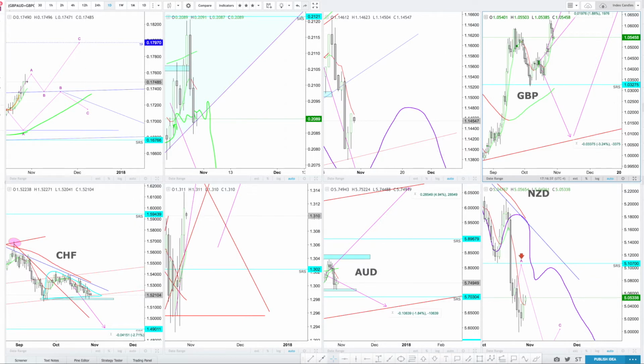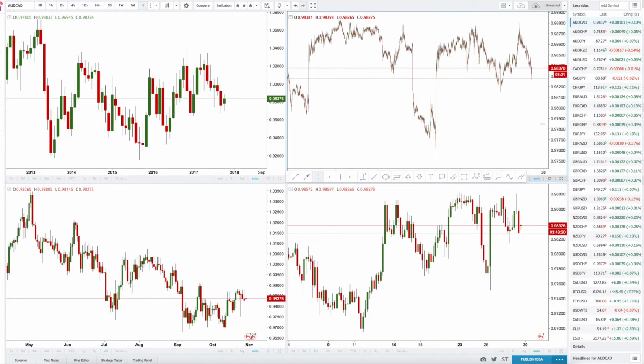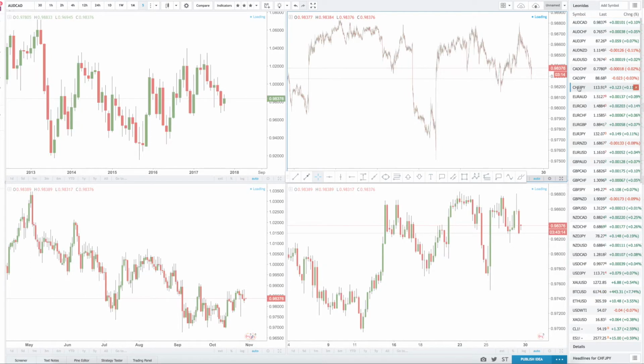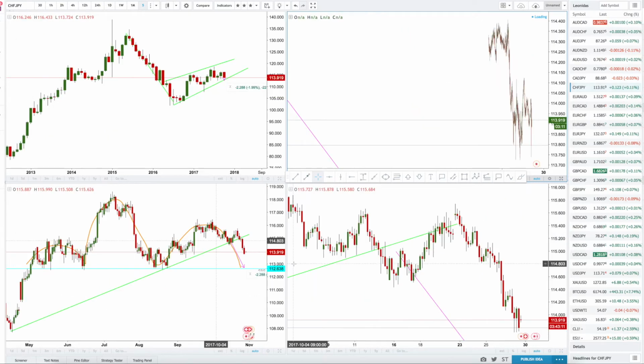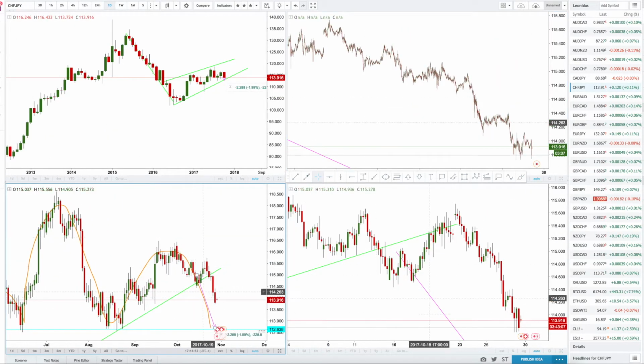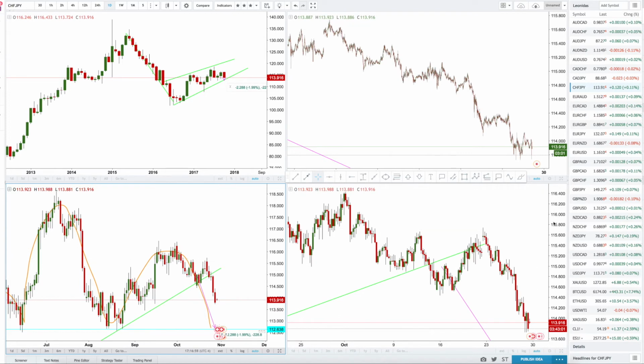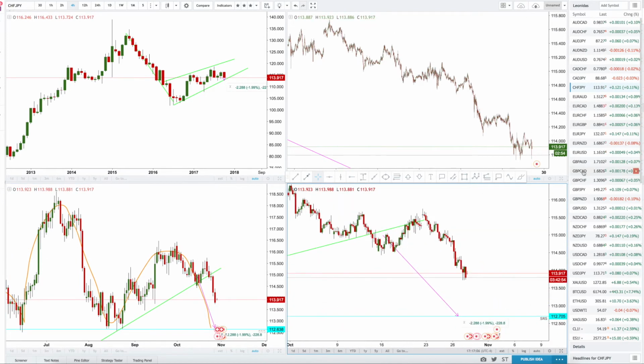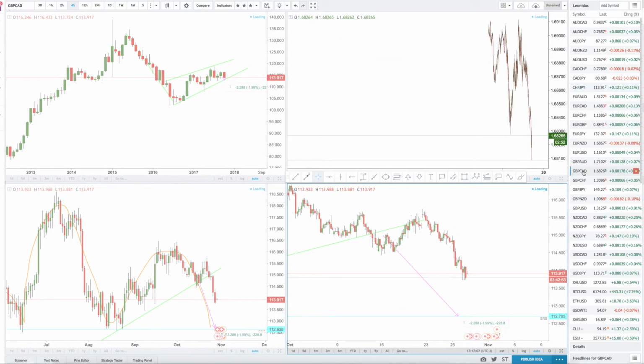Let's go over them. Now first, let's look at a couple of pairs that we looked at last week. Swiss franc, Japanese yen. We were looking for the move down, and it kind of started, although we took a little bounce. So still look at GCAD last week.